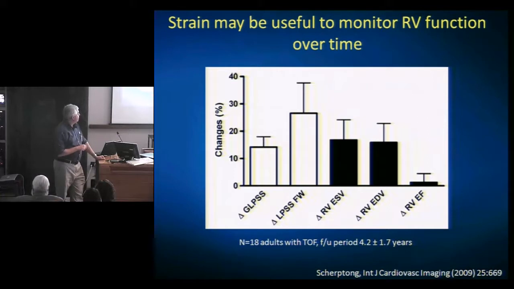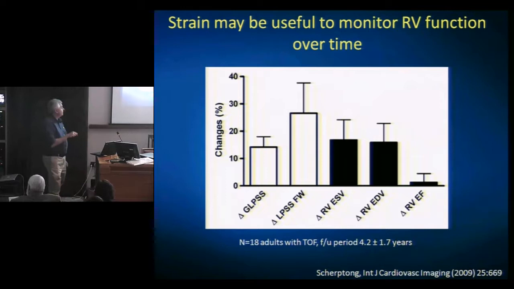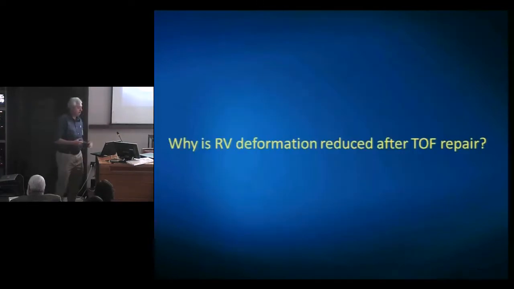If you just look at RVEF, and this I think is by MRI, you can see that over a follow-up period of about 4 to 5 years, the ejection fraction didn't change that much. And it didn't change that much because both the end systolic and end diastolic volumes increased. But if you look at the strain, either globally in the right ventricle or just in the free wall, you had quite a significant decrease in strain. So that might be a good way of following these patients over time.